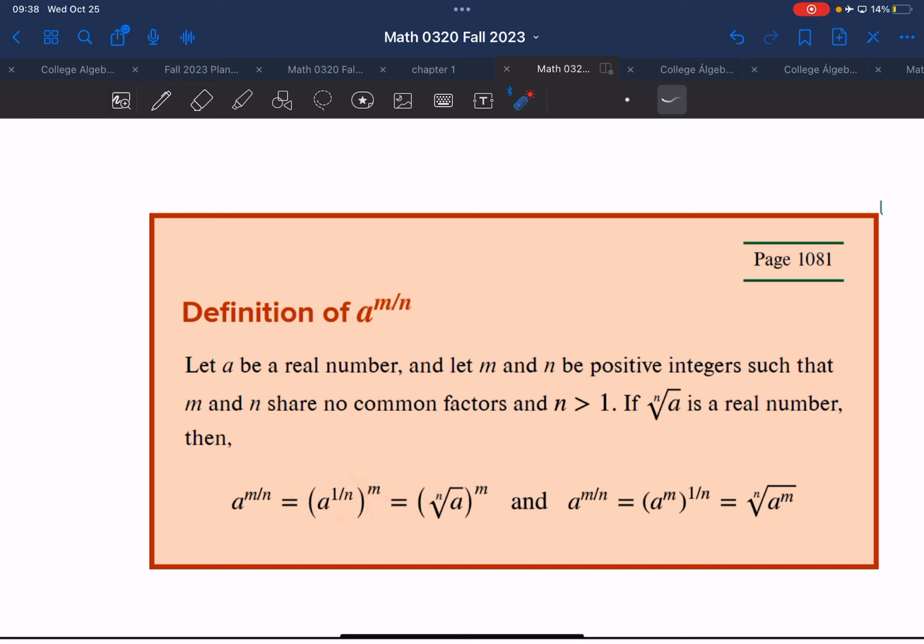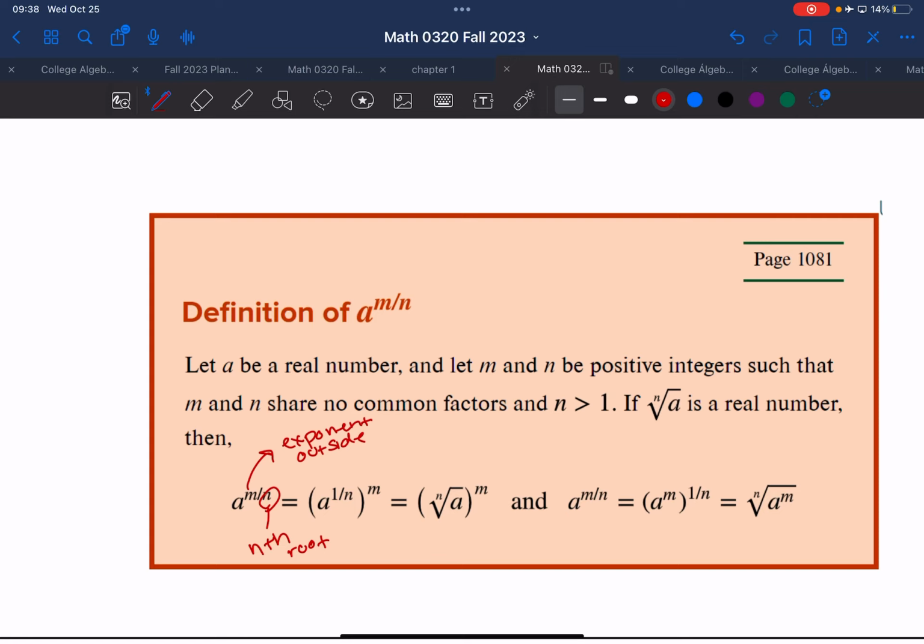Another way to look at this is that this number is our nth root. This number is our exponent that we're going to have outside of the whole problem. So exponent outside.